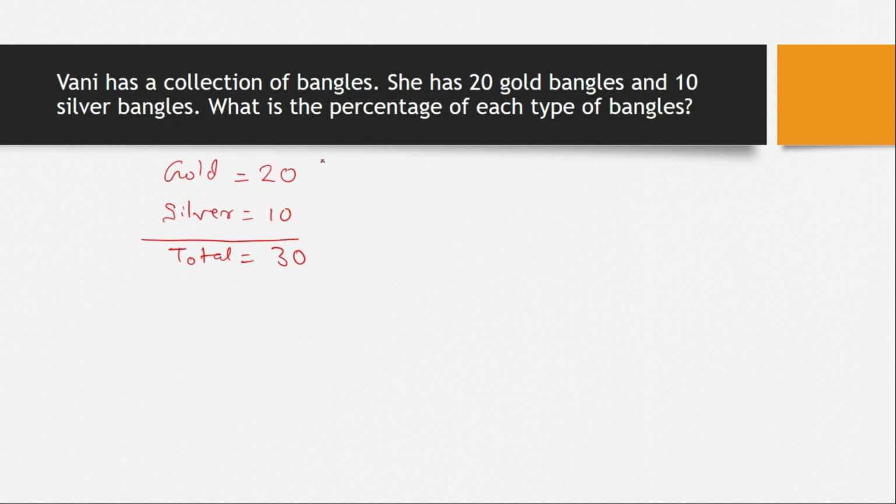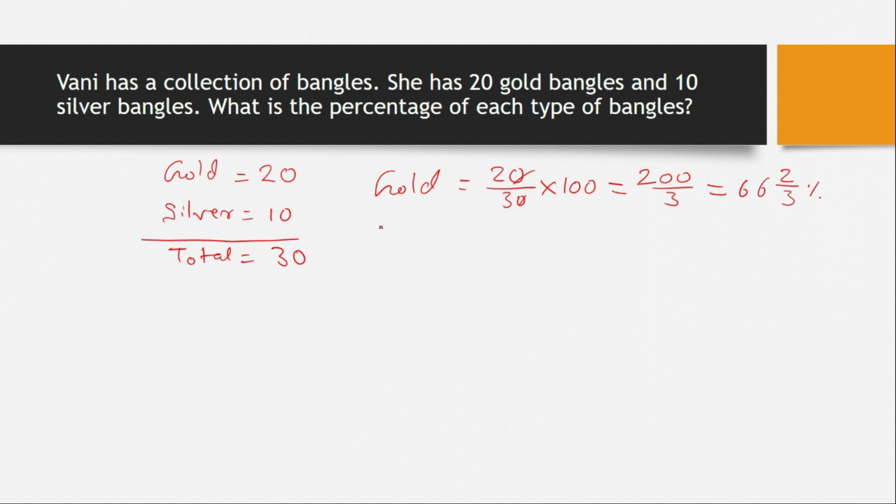So percentage of gold bangles is 20 by 30 into 100. That means 200 by 3 or 66 whole 2 by 3%.